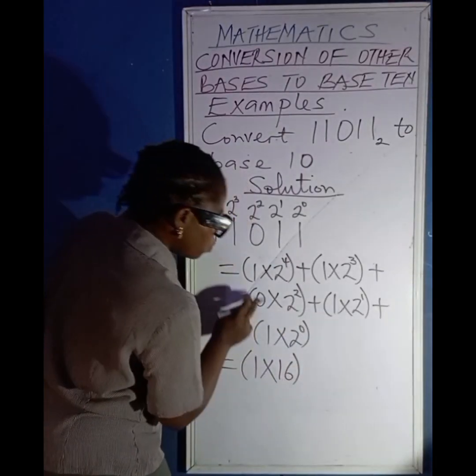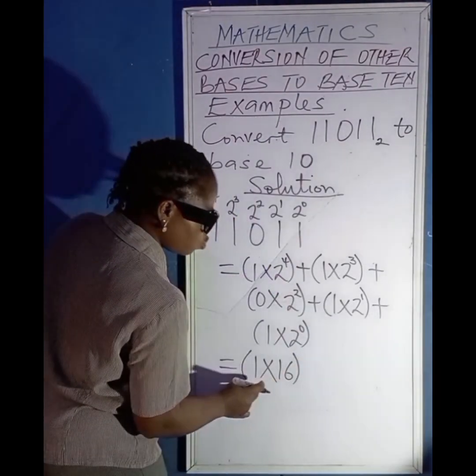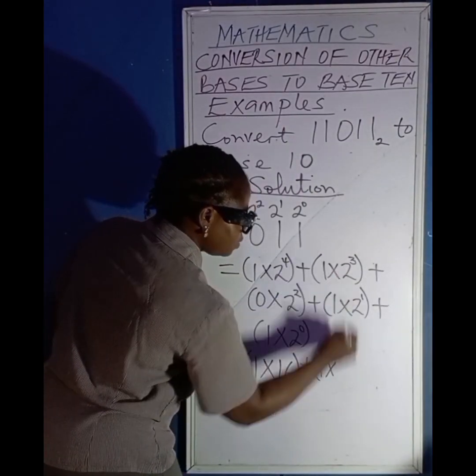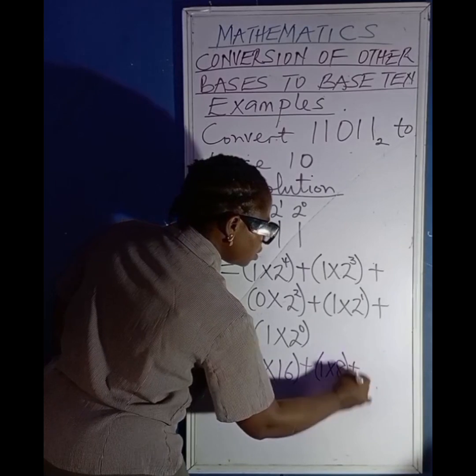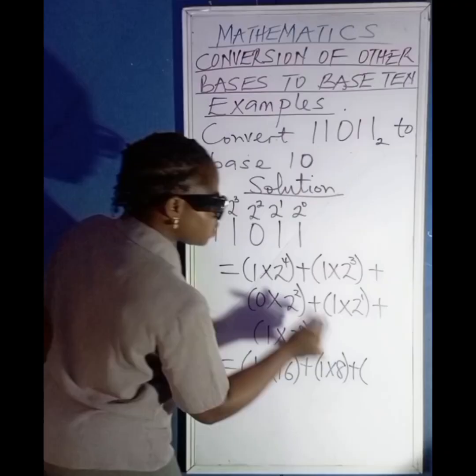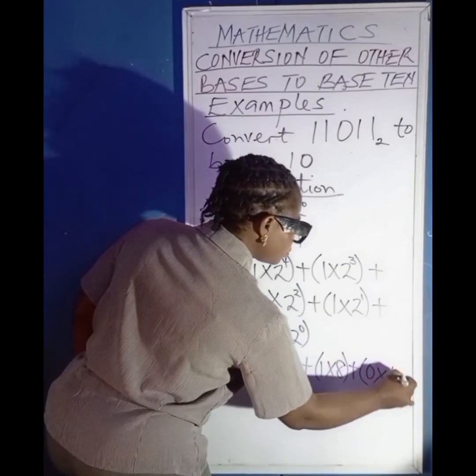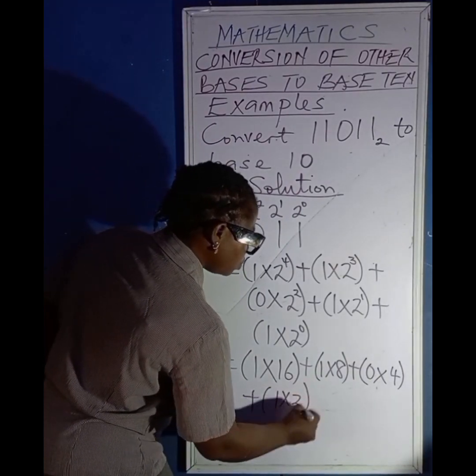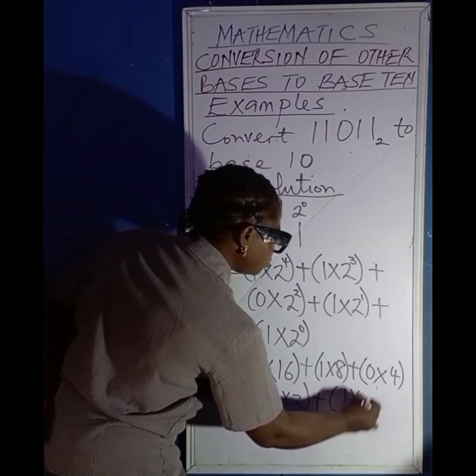So we have 1 times 2 raised to 4, which is 1 times 16, plus 1 times 8, that is 2 raised to 3, plus 0 times 4, plus 1 times 2, plus 1 times 1.